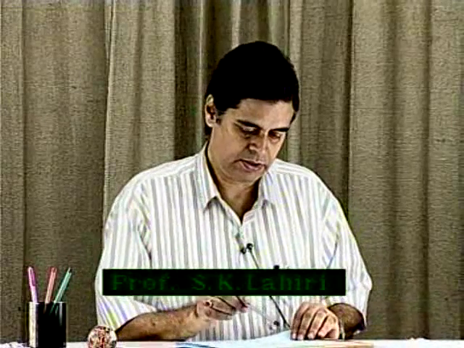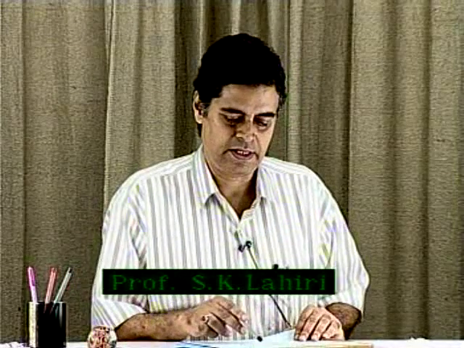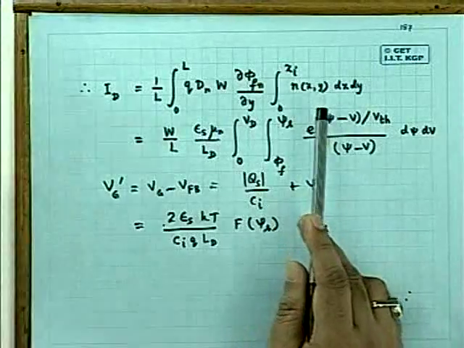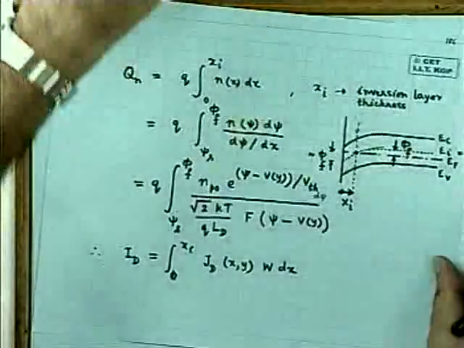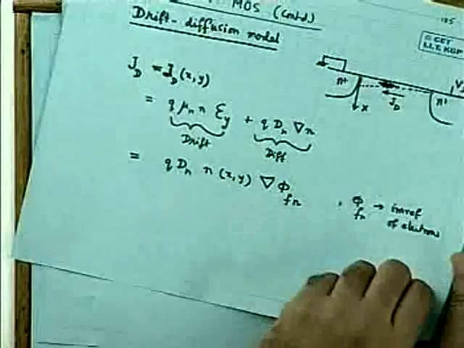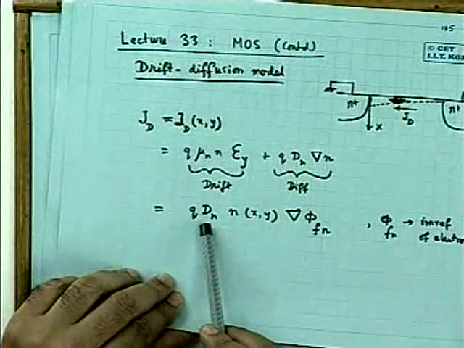And we transform this ID equation like this, substituting for the current density and the electron density nx dx, which is indicated here. You just see the equation derived earlier. So this is Qn, nx dx.